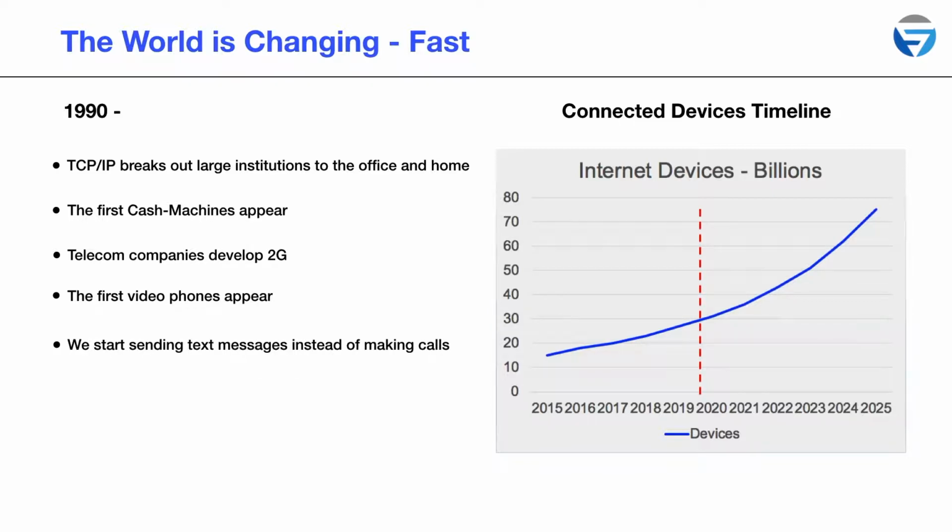We started to send text messages instead of making phone calls, so we were sending messages over IP. And a very brilliant Englishman, Tim Berners-Lee, working for CERN in Switzerland, invented the first web browser, and that's who we have to thank for the World Wide Web as we know it today.